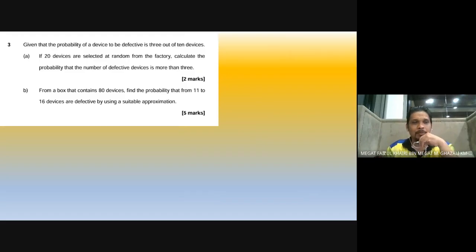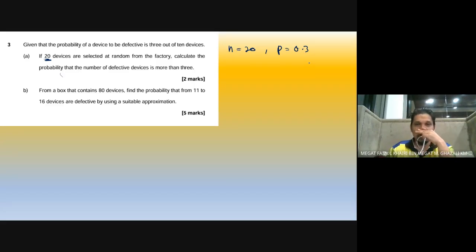Okay, question number 3. Given that the probability of a device being defective is 3 out of 10, if 20 devices are selected, the number of trials here is 20, and the probability of success is 0.3.